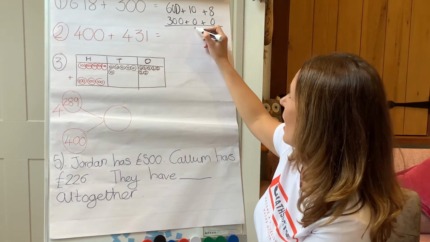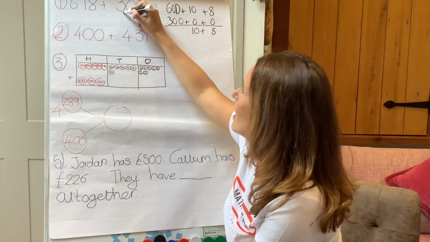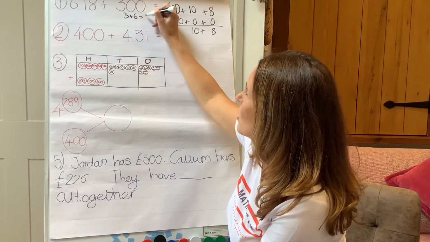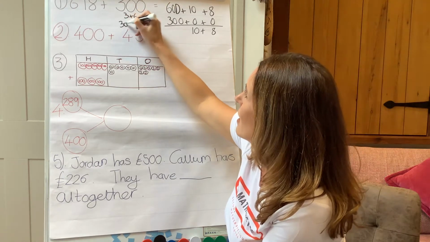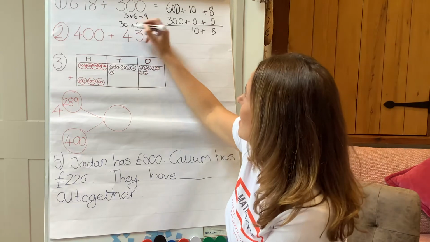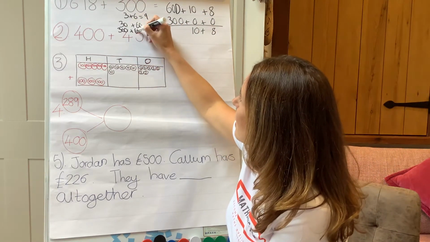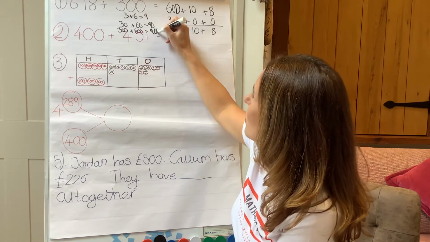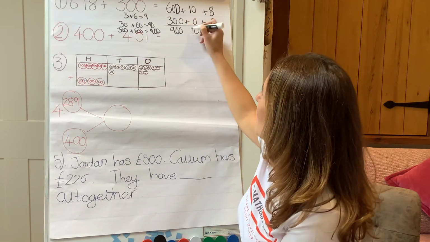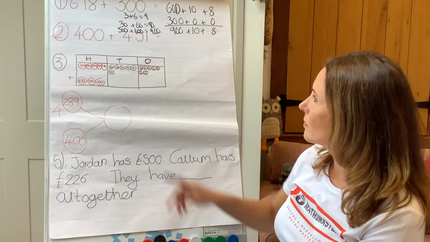We know we've still got 8, we know we've still got 10 there, and we can think 3 and 6 is equal to 9, so 30 and 60 is equal to 90, so that means 300 and 600 is equal to 900, and then we can add all that together to give us 918.